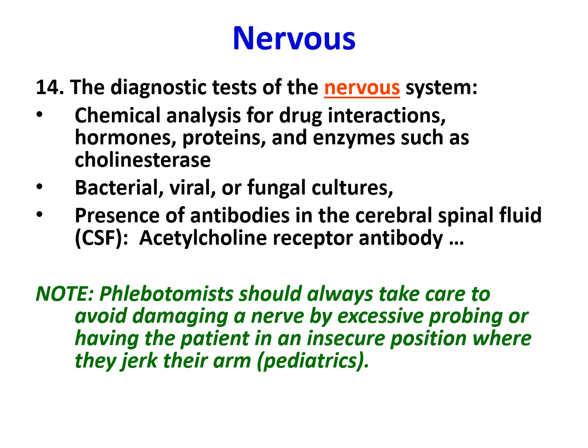And you also want to avoid any type of nerve damage. That's why, and you'll see this when we're in lab, we do not dig around. Excessive probing or having the patient in unsecure positions so that they jerk their arm. We make sure we secure our patients. We make sure that we're set up correctly in the beginning before we ever draw blood, and we make sure that we don't dig around because we could hit a nerve and cause nerve damage.